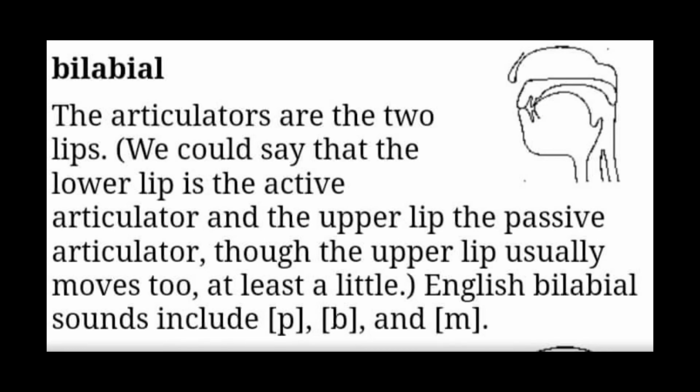Bilabial is the articulation of the two lips. We could say the lower lip is the active articulator and the upper lip the passive articulator. English bilabial sounds include p, b, and m.